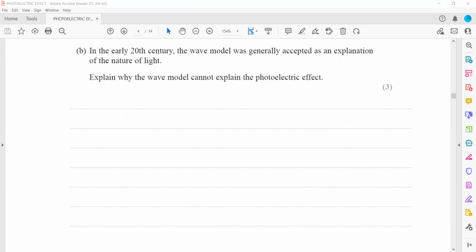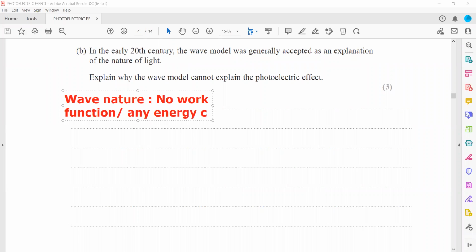According to wave nature, any energy can remove the electron.